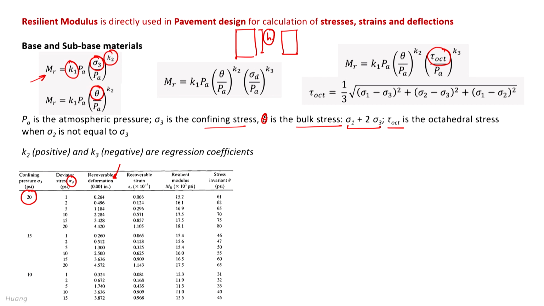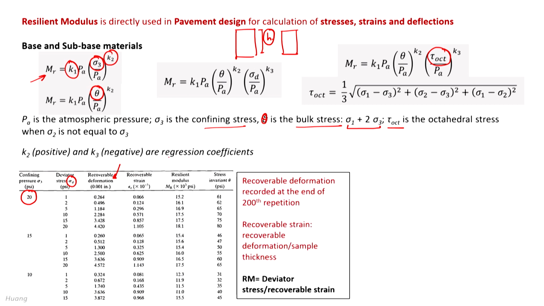Then I can calculate the recoverable strain by dividing the recoverable deformation by the sample thickness, because we know that strain is equal to delta L by L. Once we have the strain, and we already know the deviatoric stress, we can calculate the resilient modulus just by dividing the deviatoric stress by the recoverable strain.